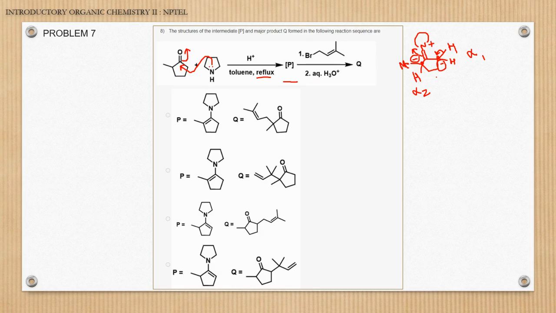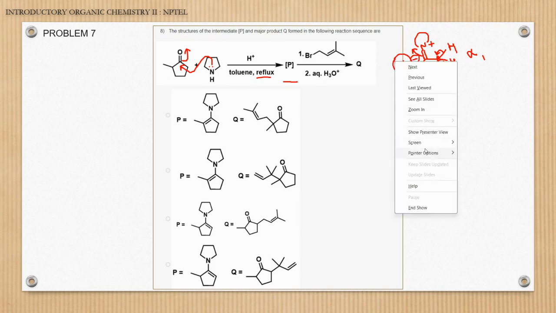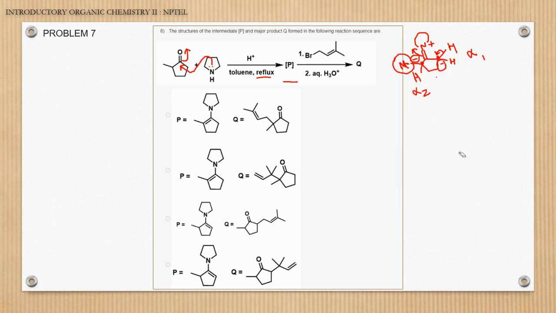Alpha 1. Yeah, alpha 1, because it is a secondary carbanion, sorry. So here the additional methyl will give less stability to this particular carbon that is getting generated.